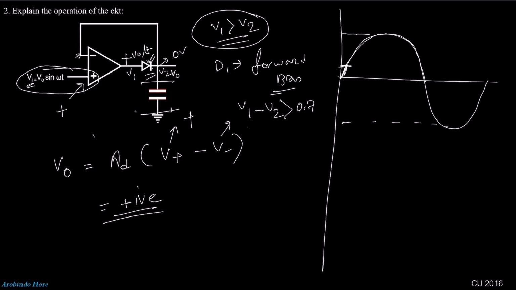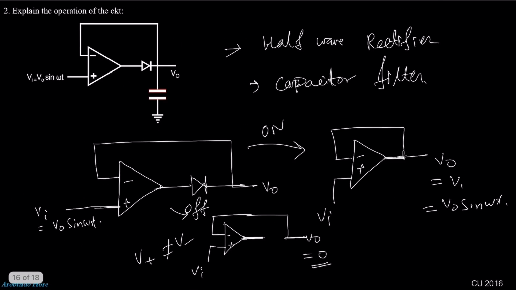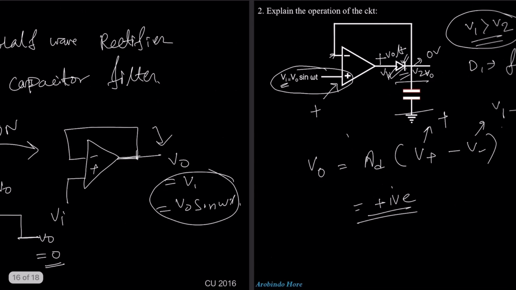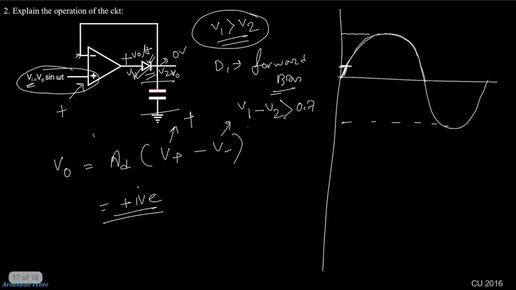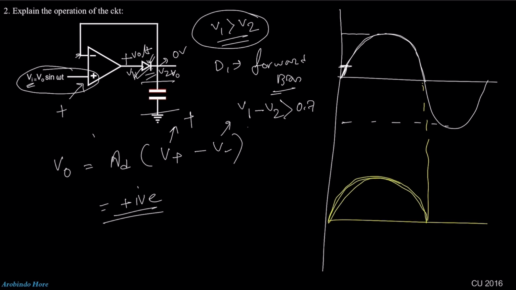But as this is the ideal case, when Vi just increases from 0 to positive voltage, the diode will be turned on. And if the diode is turned on, I already showed you that this circuit looks like a voltage follower circuit, and the output will be the same as the input voltage. That means we will get a sine wave in the output. Understood? No problem in that one.